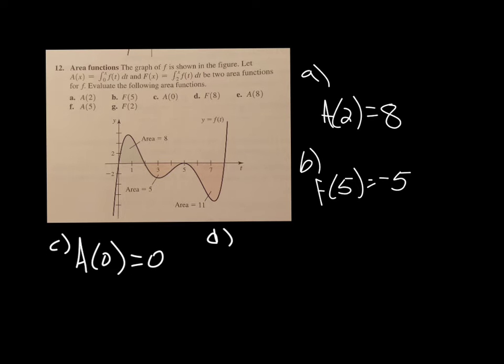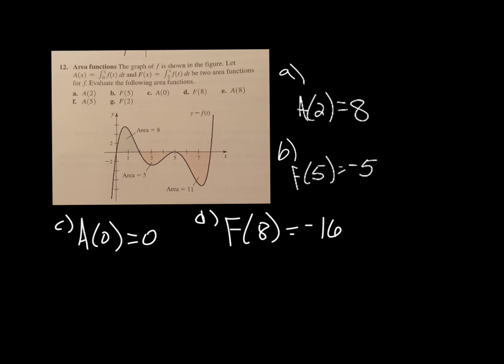So now we're going to F of 8. Right, F starts at 2, going all the way to 8. So that's a negative 5 and a negative 11. Then together it would be a negative 16.